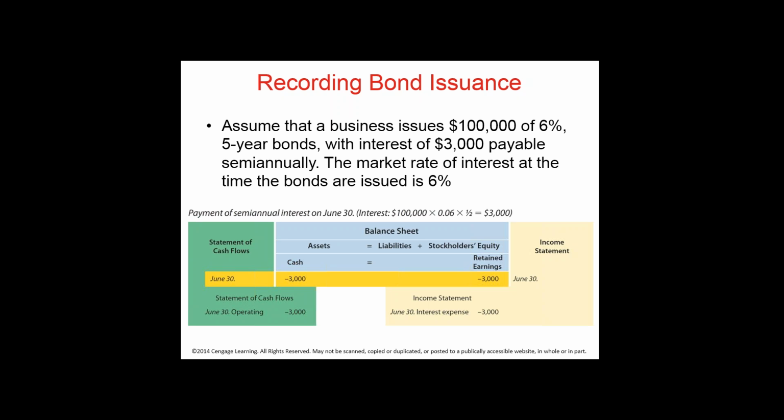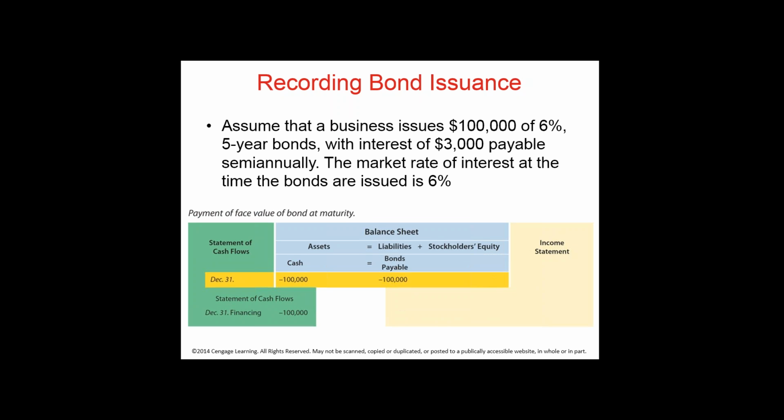The stated interest on the bond is 6%. So I'm going to cut a check, or probably a number of checks, but the total is going to be $3,000. I'm going to reduce my cash, and notice I'm not using the bonds payable account because this is interest that I'm paying. So I'm going to reduce my retained earnings because I'm increasing my interest expense.